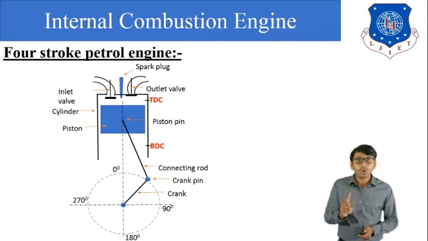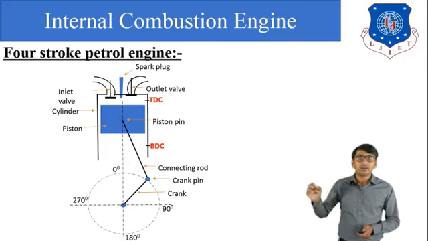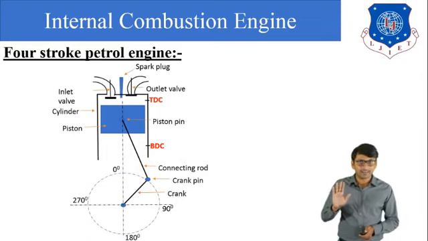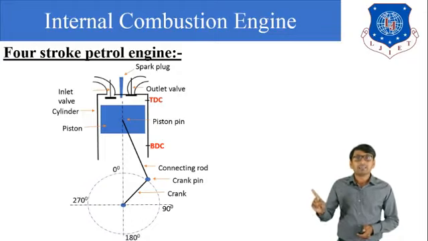TDC means top dead center and BDC means bottom dead center. In this diagram, crank position is represented by 0, 90, 180, 270, etc. And there is a spark plug because this is a petrol engine.